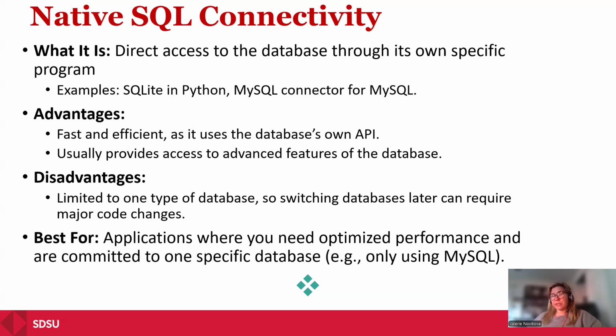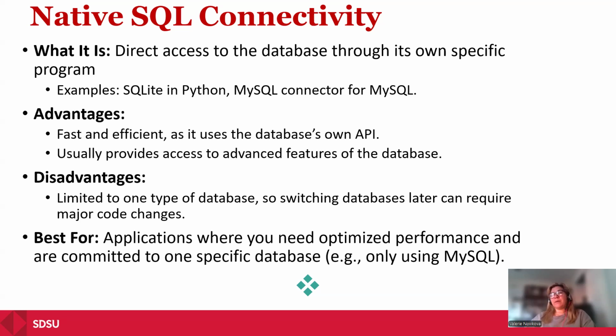Well, the disadvantages, on the other side, deal with the fact that it's limited to a certain type of database. So in this case, if you're talking about a MySQL database or a SQLite database, it only allows you to connect to one type of database. So there is a connection to SQLite in a Python application or the MySQL connector used for a MySQL database.